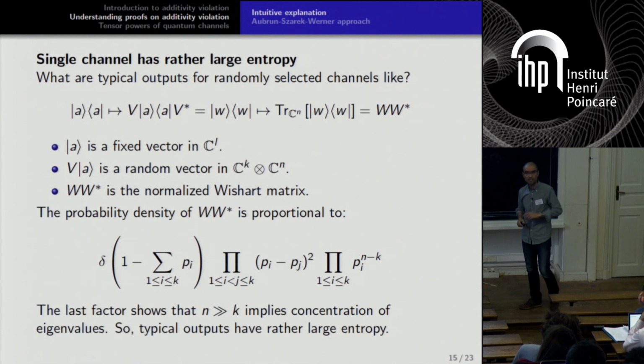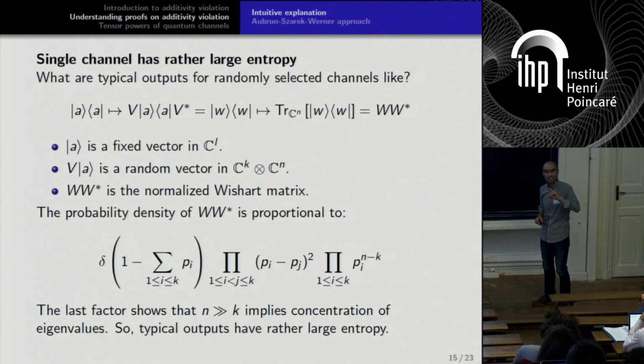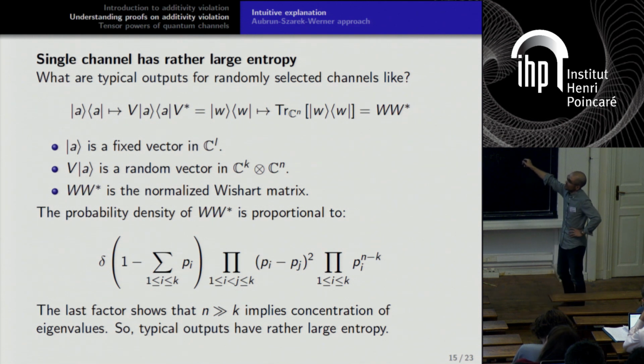In this picture, I changed the order of the problems. We fix the input, some vector, choose random quantum channels and see what's happening. The calculation shows that when n is much larger than the parameter k, we have a concentration of eigenvalues.